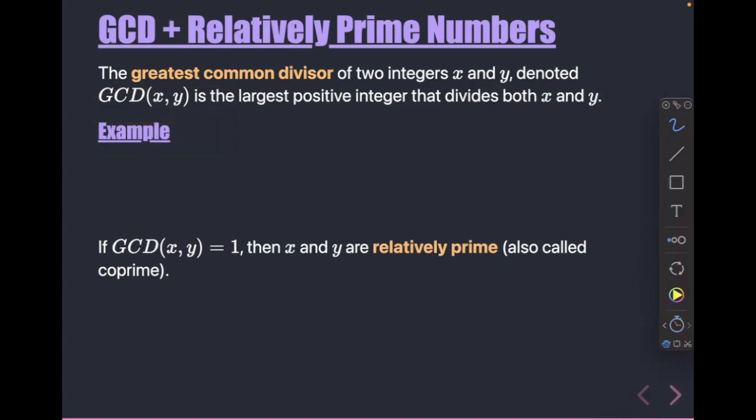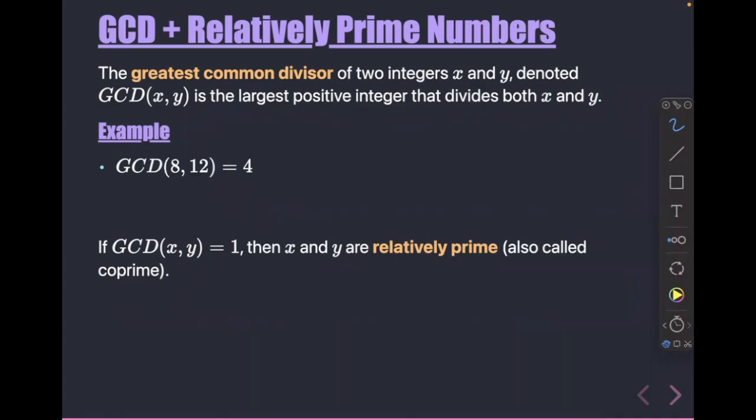All right, so another thing you might have seen before is a greatest common divisor. The greatest common divisor of two integers is the largest positive integer that divides both of those numbers. So the greatest common divisor of 8 and 12 is the biggest number that divides both of these, right?